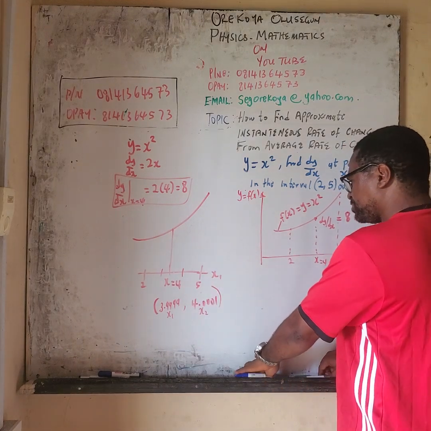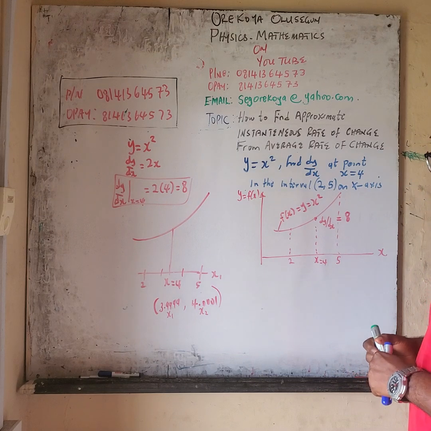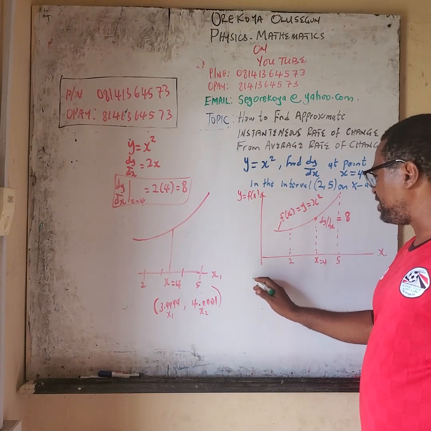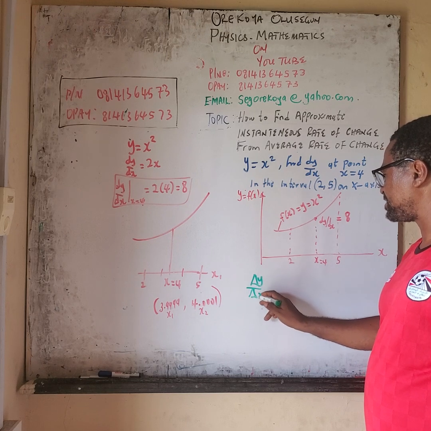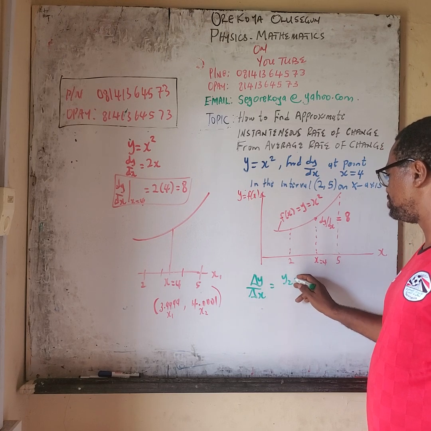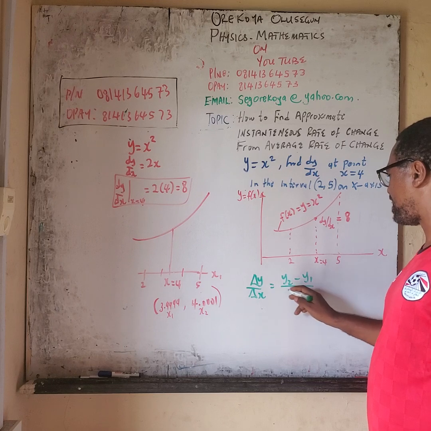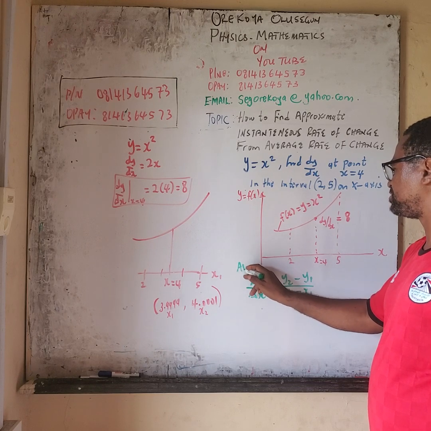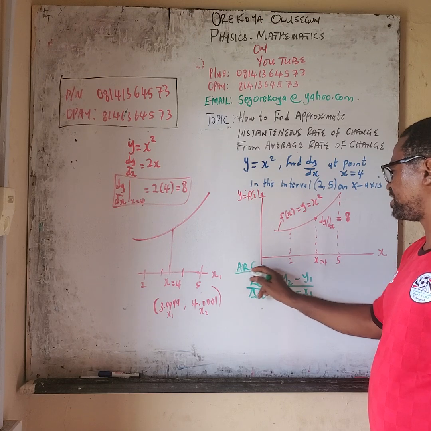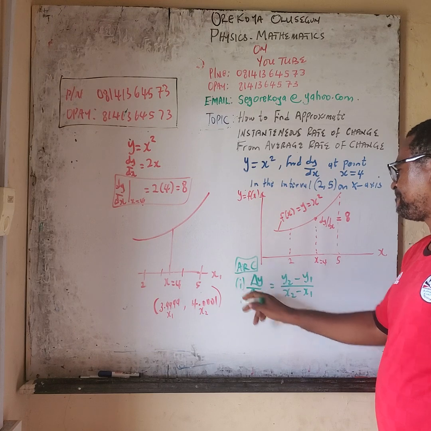So what I'm going to do now is this. You know that the average rate of change, which is delta y divided by delta x, is given as y2 minus y1 all over x2 minus x1. This is the average rate of change. Don't forget this particular formula.